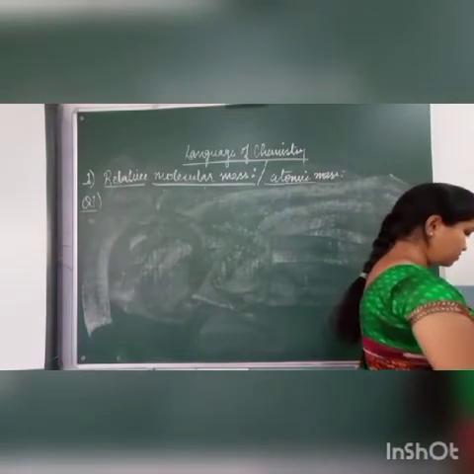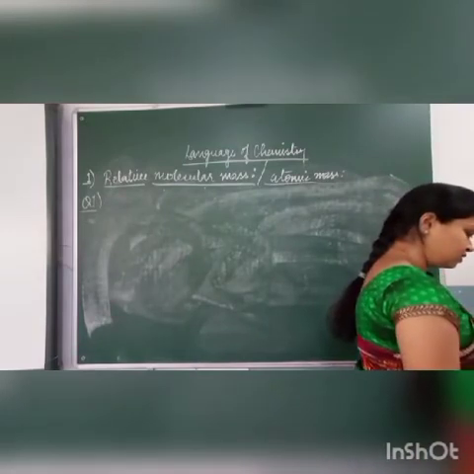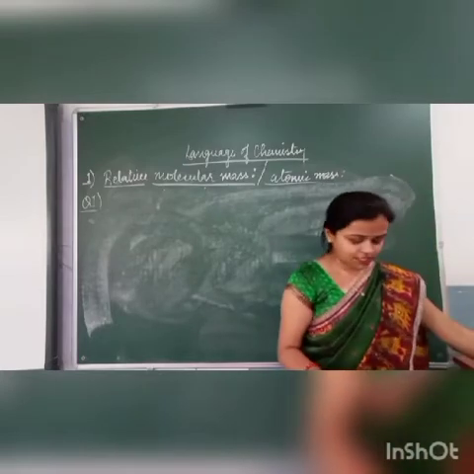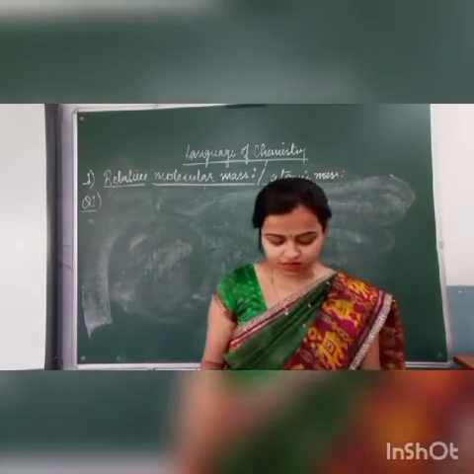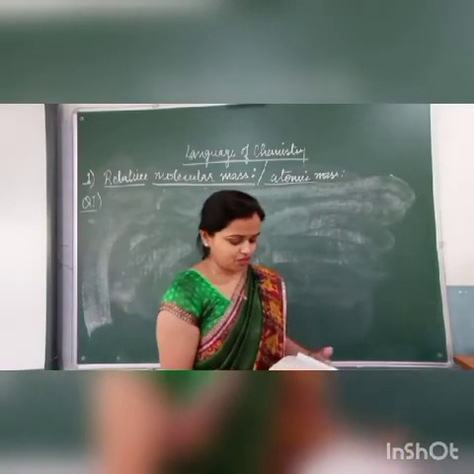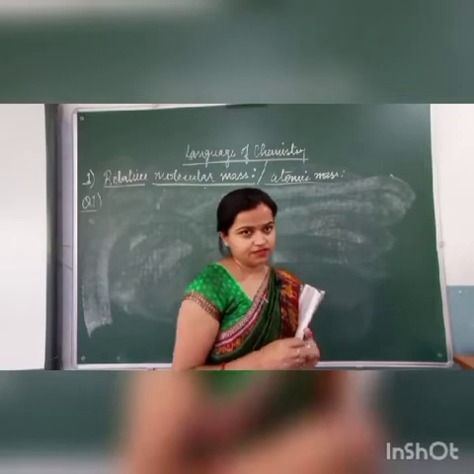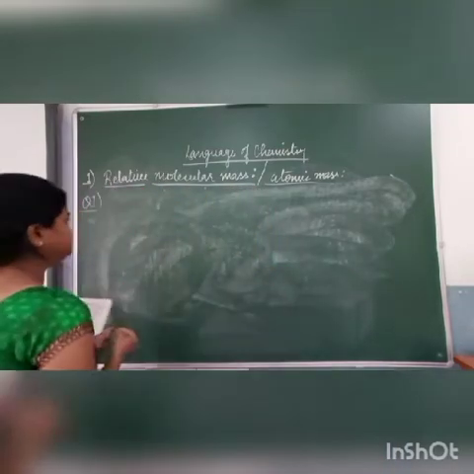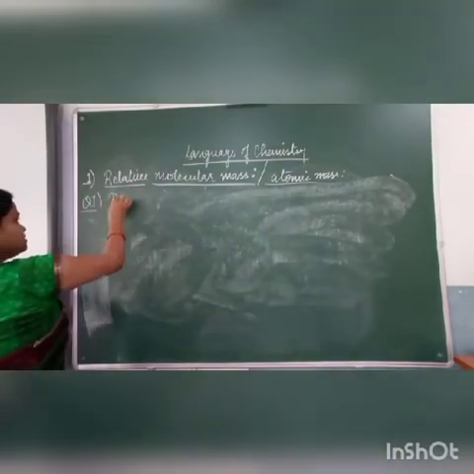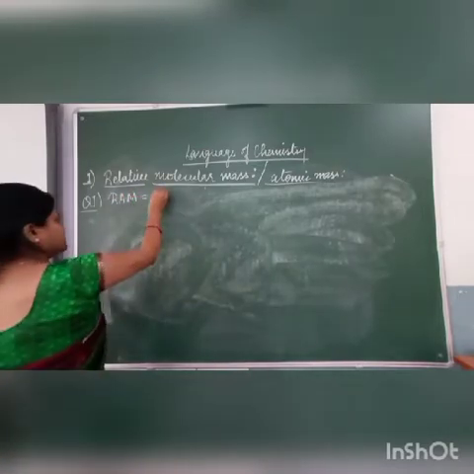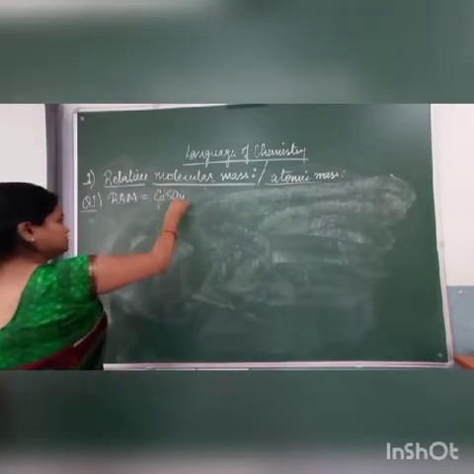Let us see what are the questions given there with respect to this, where we have to calculate relative atomic mass. See again on page number 17, one question is given. Calculate relative molecular mass of zinc carbonate as well as calcium sulfate. So again one example I am taking here, relative atomic mass of calcium sulfate.